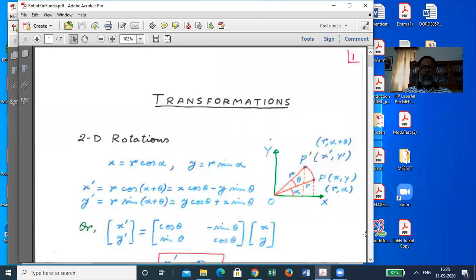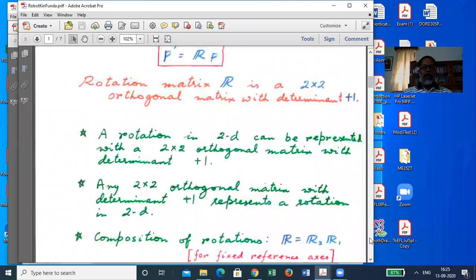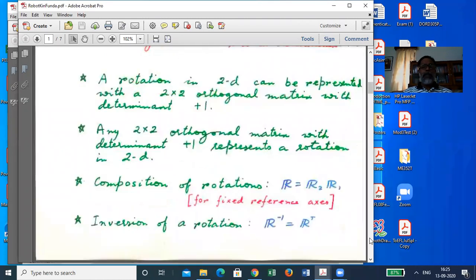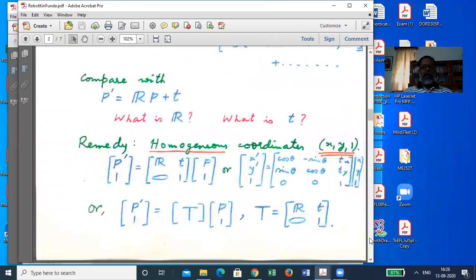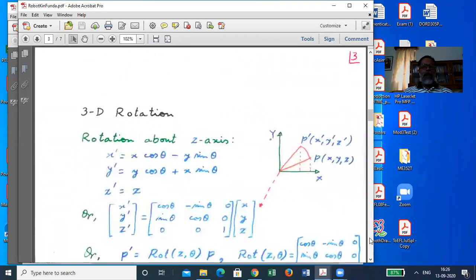We first covered the 2D rotation, combined it with translation, getting 2D rigid body motion together, and then we did the same thing for 3D.